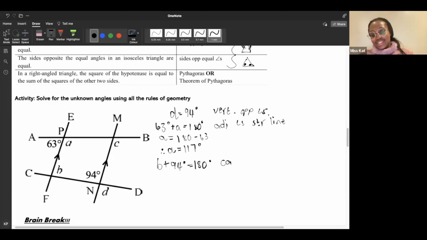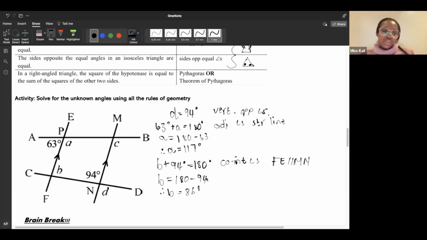Yes, Narisha, if EF is parallel to MN. I'm so proud. And then B is equal to 86. Okay, let me just do this so that people don't get confused. Therefore, B is 86.